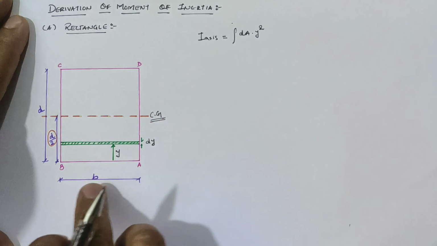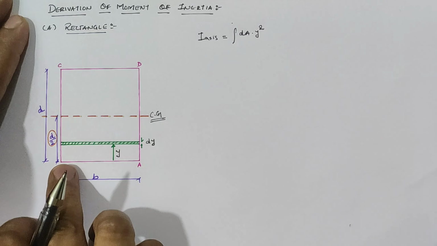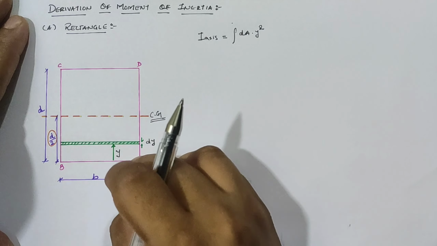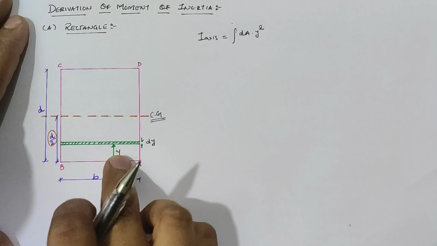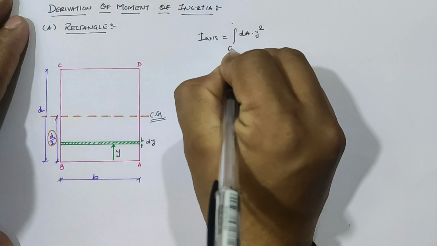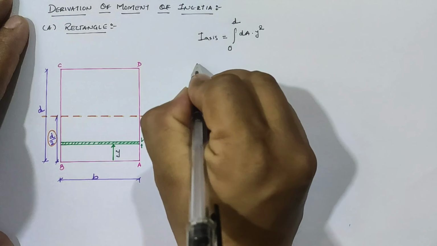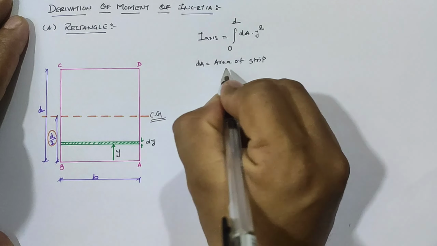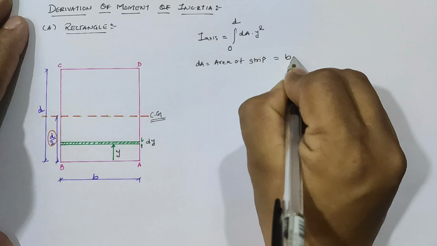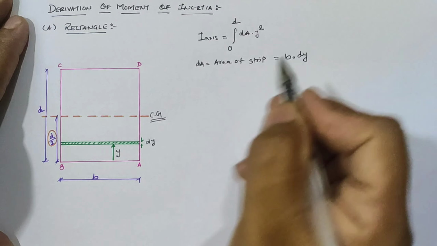For limit, we have to move the strip from bottom to top as a y distance, hence our limit is 0 to d. dA is the area of strip, and the area of strip can be calculated by the base width into thickness, hence it is b into dy.